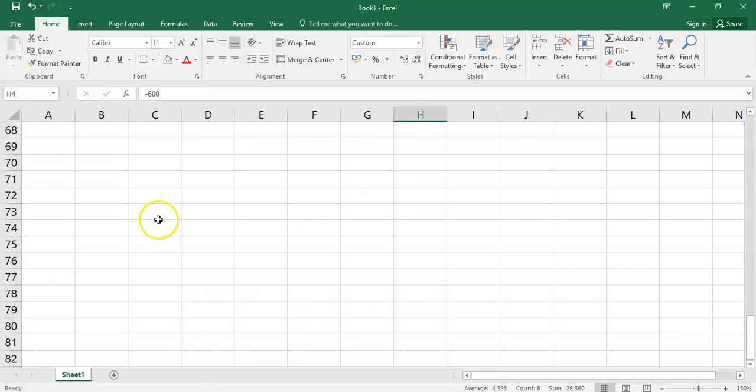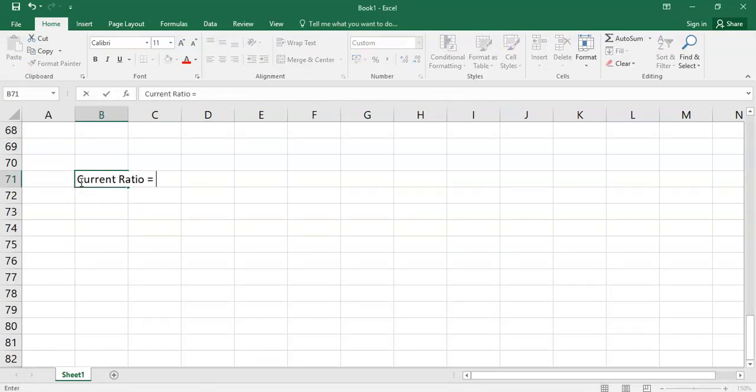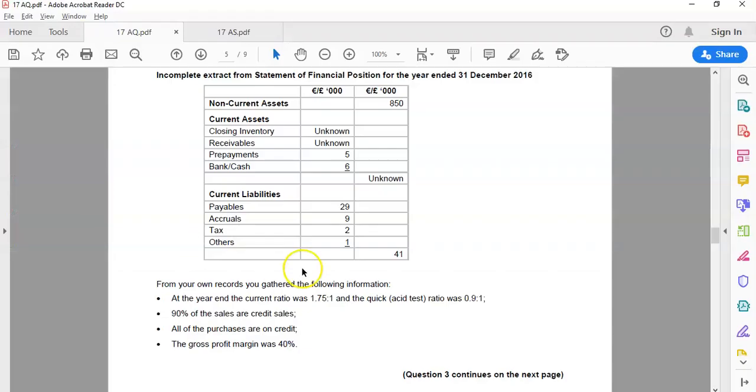The first thing I know is my current ratio equals current assets to current liabilities, which equals 1.75:1. Now, we know current liabilities are 41. That means current assets must be 1.75 times bigger.